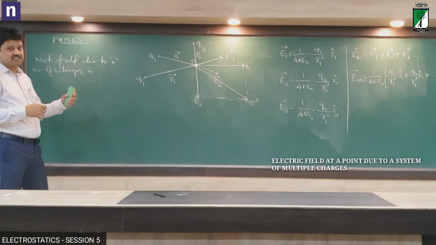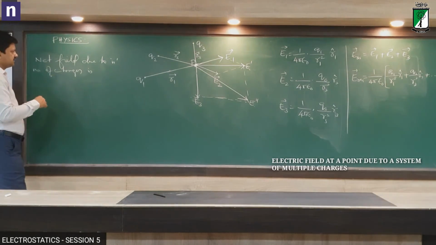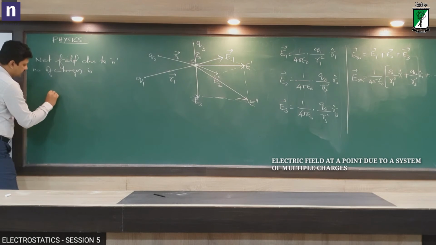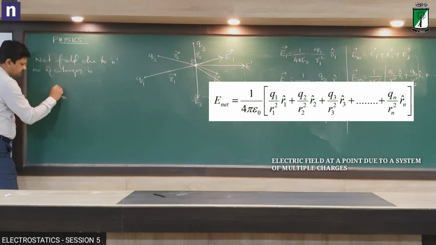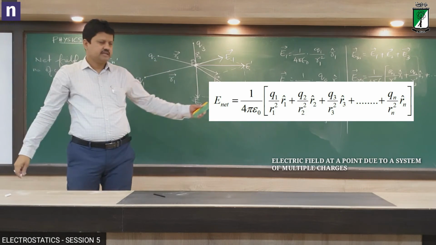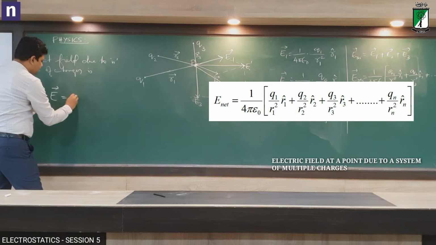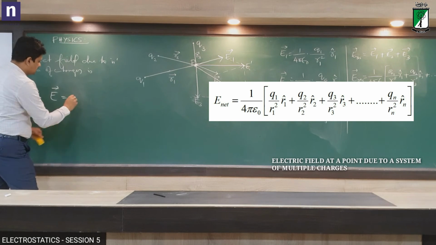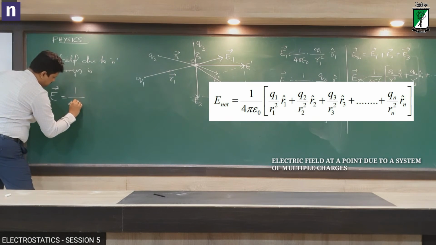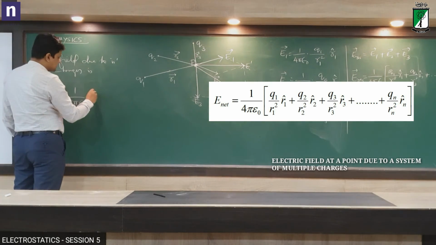When the distances are large, any distributed charge can also be considered as a point charge. I have already told you that. So the net field at a point will be E is equal to E1 plus E2 plus E3 plus E4, and so on up to En, which will be that equation which I have shown there. So 1 by 4 pi epsilon naught, then I'll take the summation here.